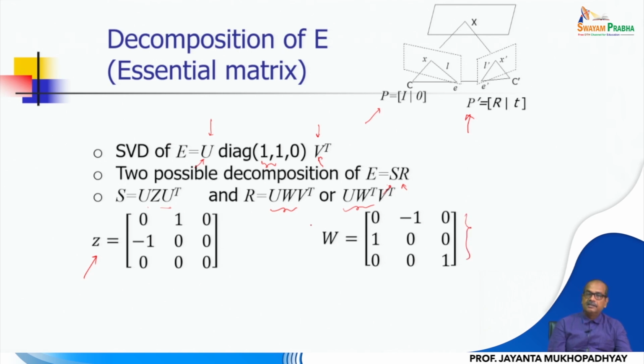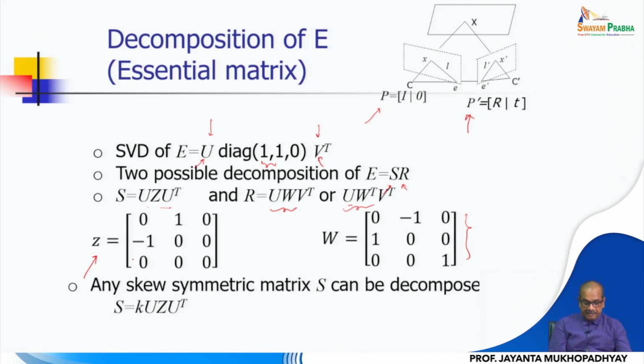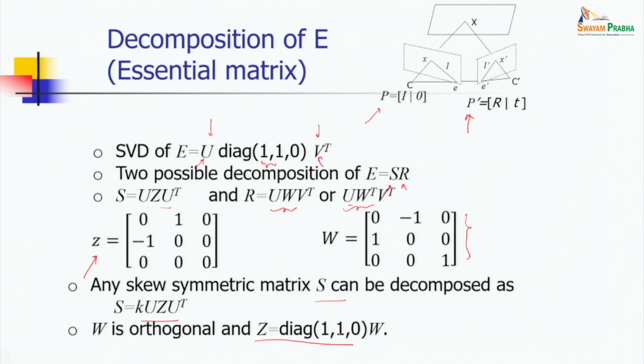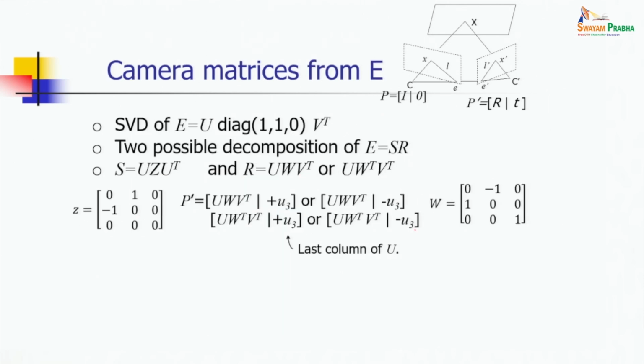We can show that they give you orthogonal matrices. We can consider any skew symmetric matrix S decomposed like this, and W is orthogonal, because Z is given by this. So, you can see that W is orthogonal.